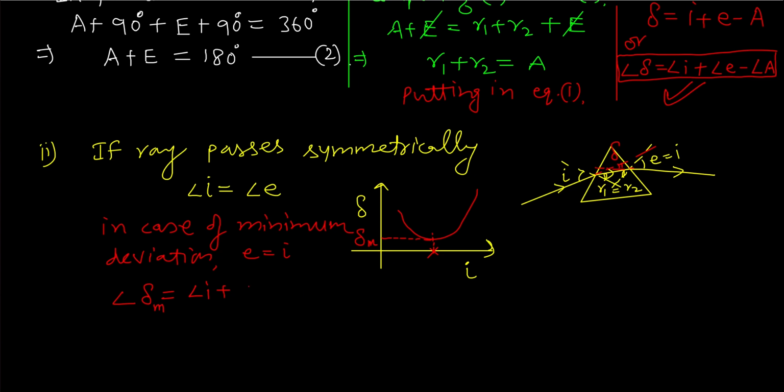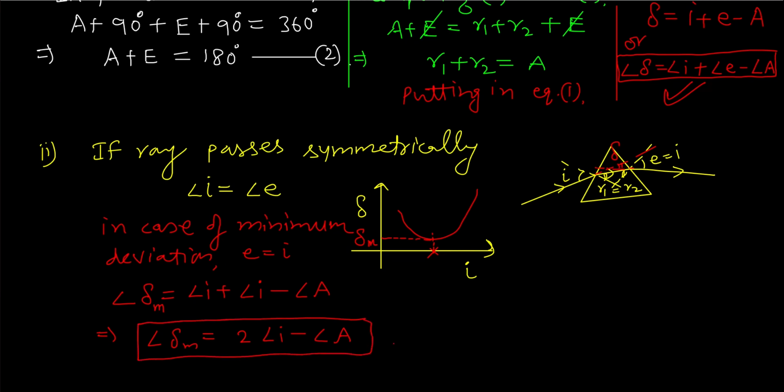Angle I plus angle E will be equal to angle I plus angle I because E and I are equal now, minus angle A. So from here you can write angle delta m is equal to 2 times angle I minus angle A. So this is your minimum deviation angle, and that's the answer.